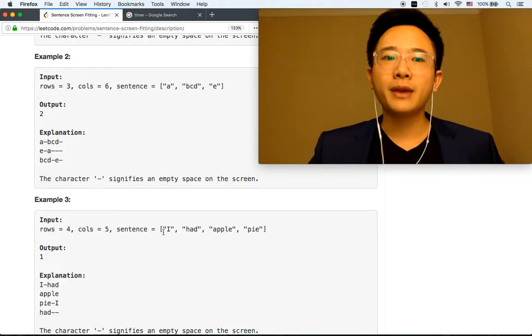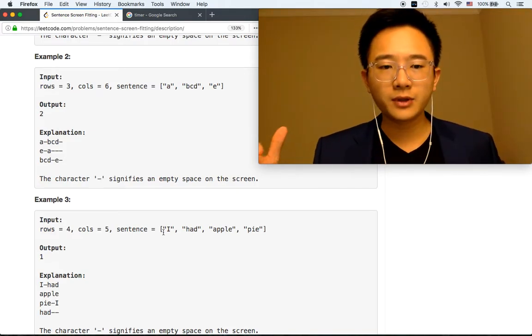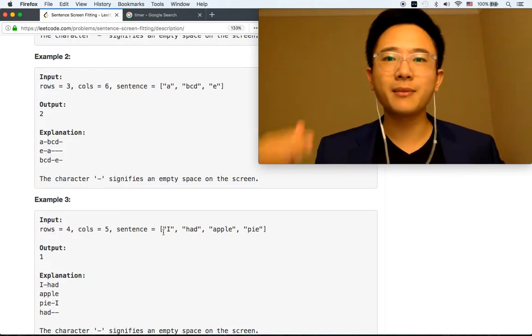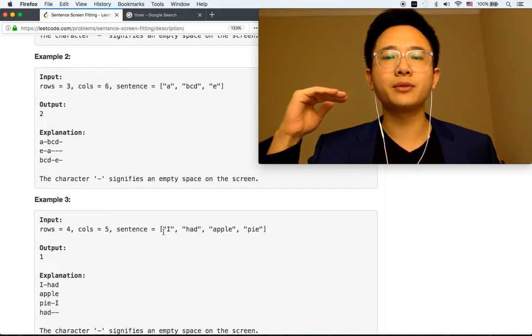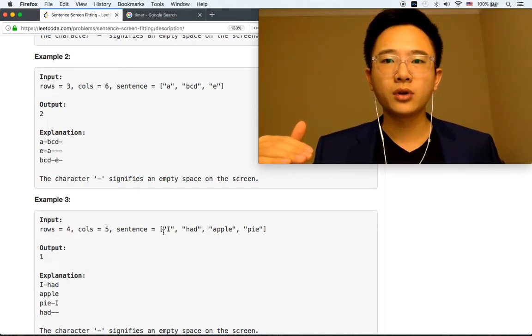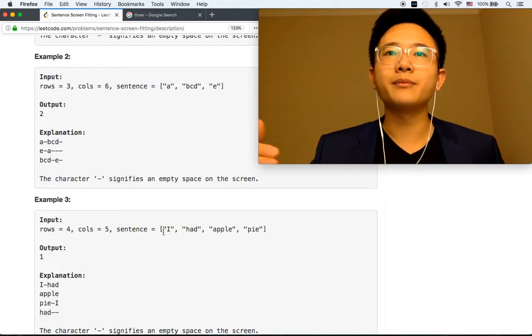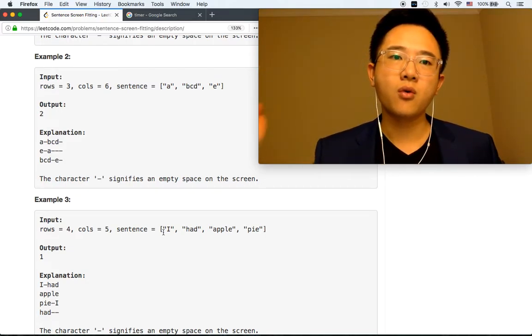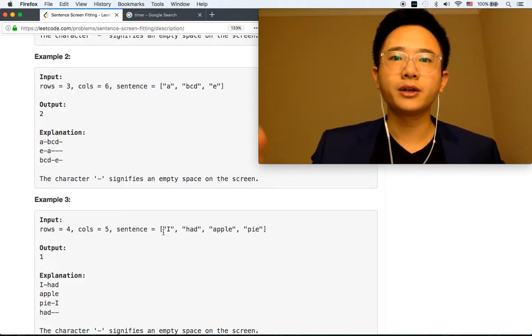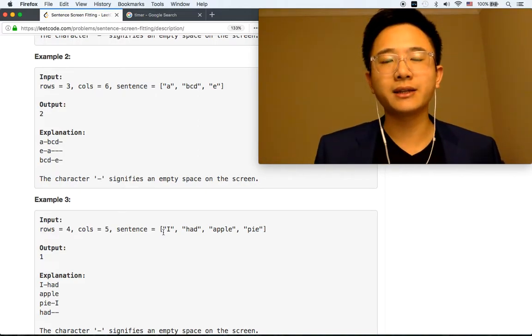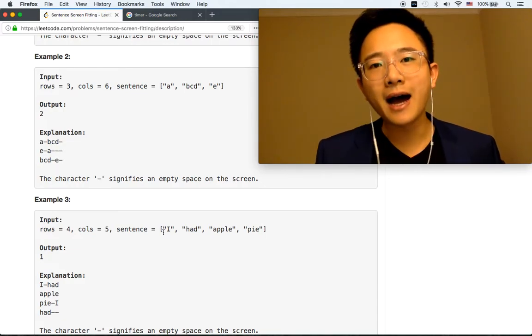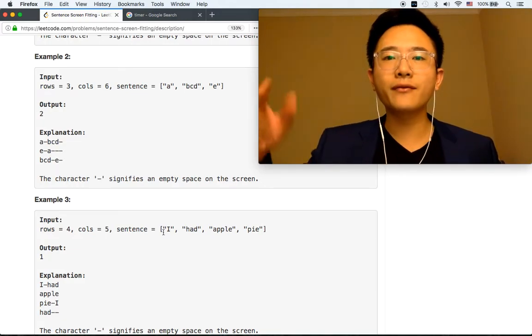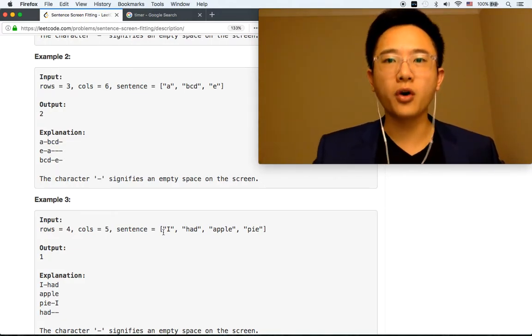So I'm thinking the runtime is x times y, because we have to go through every single column, right? So in this case, it is x times y.